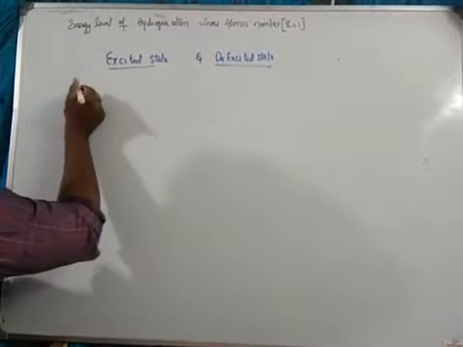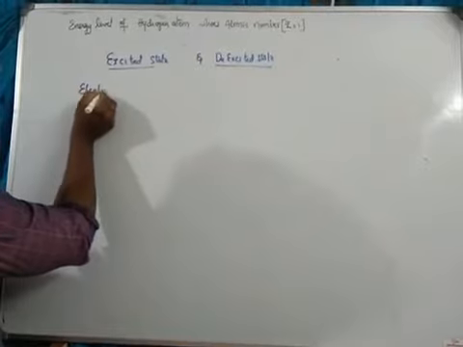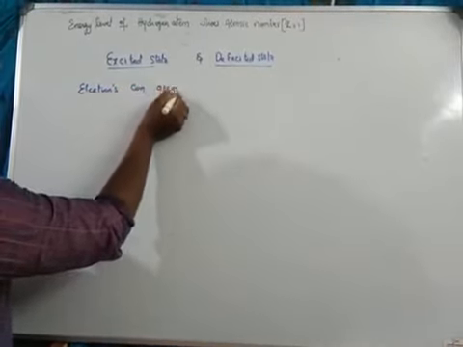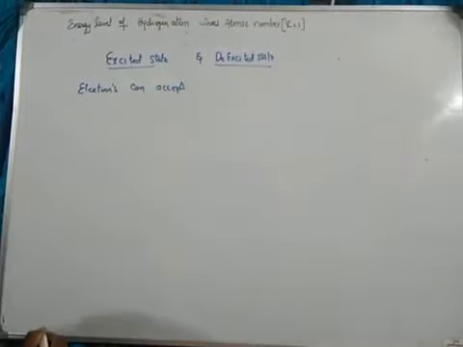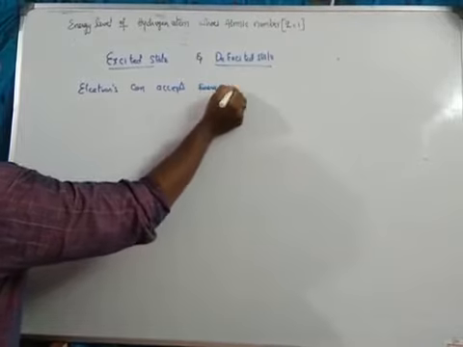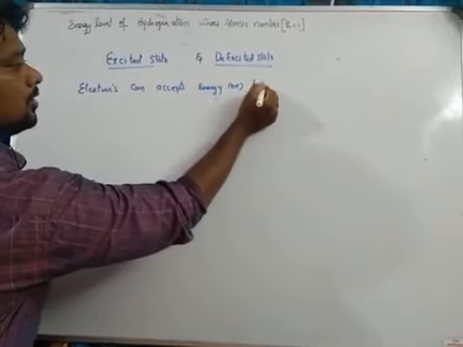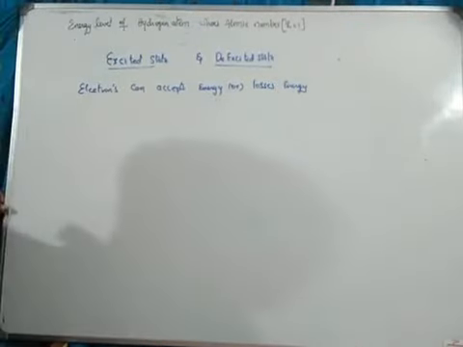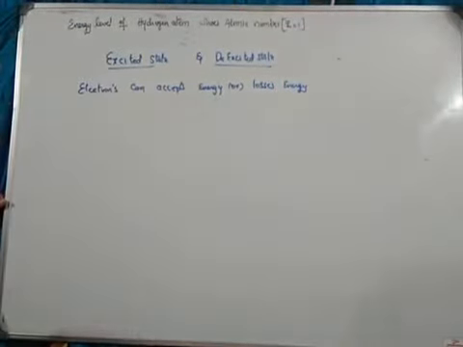The electrons can accept energy or lose energy. So we have a chance that it can either accept energy or lose energy.